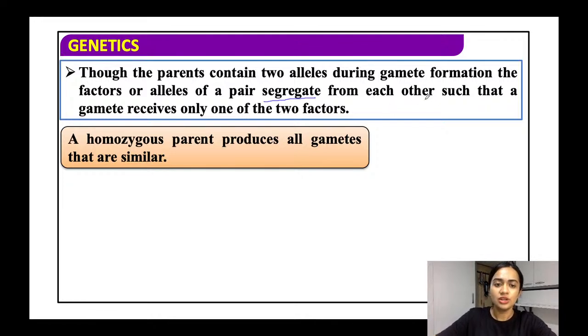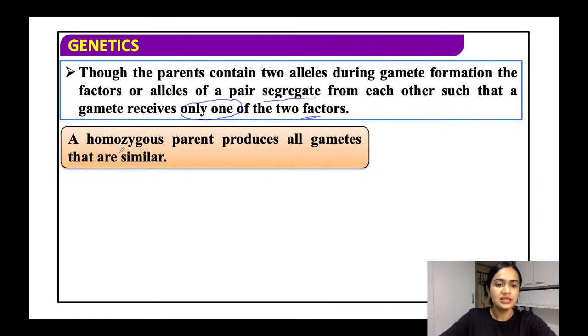Each gamete will receive only one of the two, like in the monohybrid cross of the height one. That means it is either tall or dwarf.